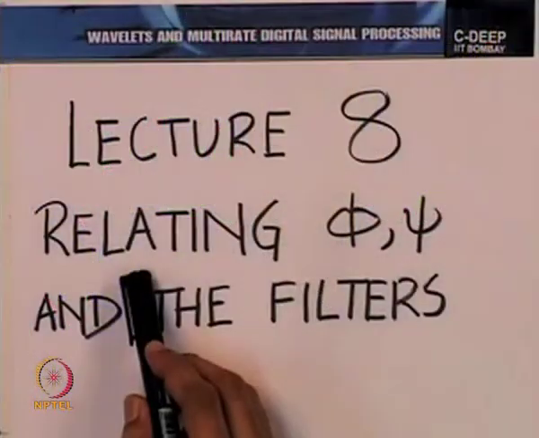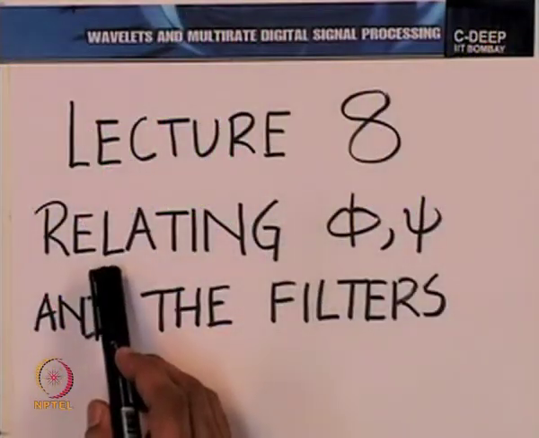Before we go further, we must now make a few generalizations, which will help us then to build that connection more intimately. So, let me quickly put down what we intend to do in today's lecture.